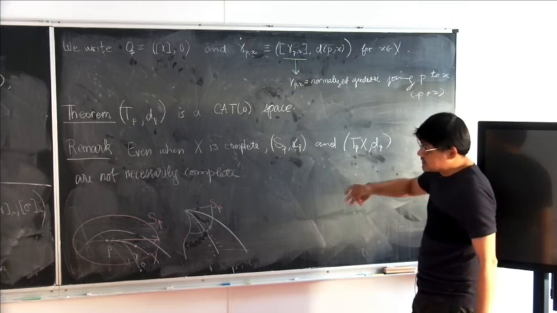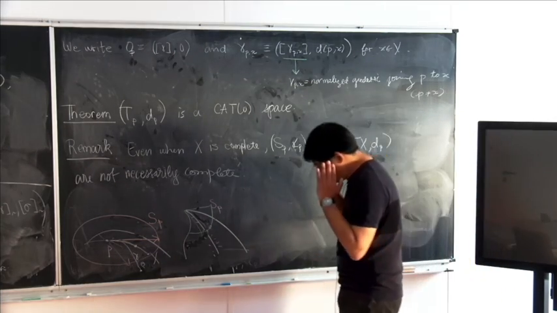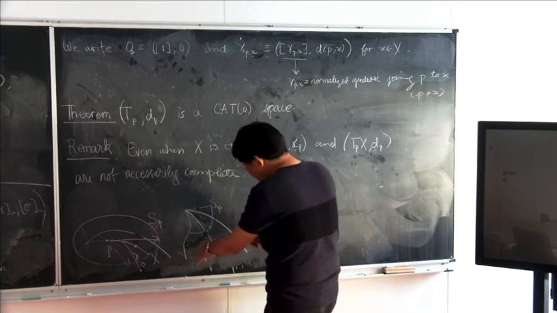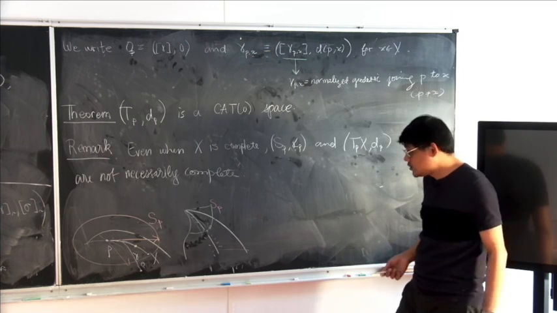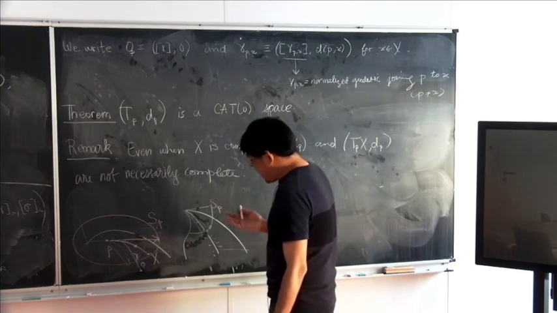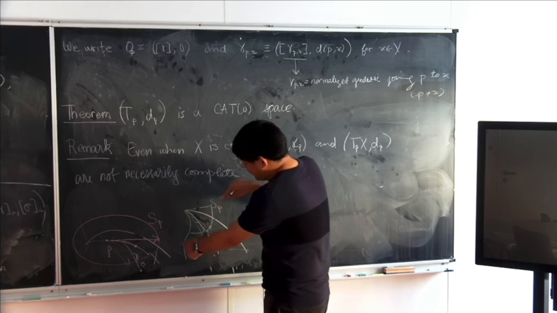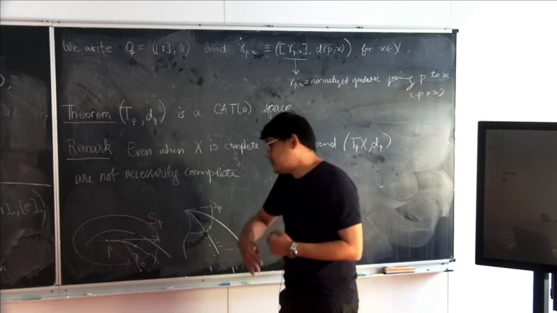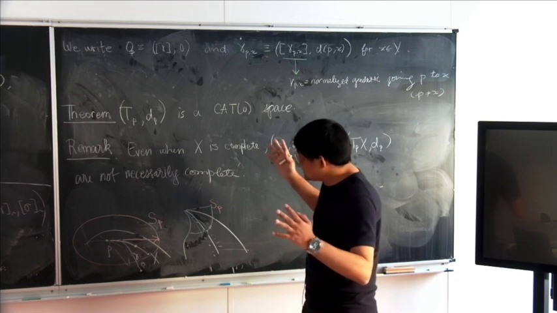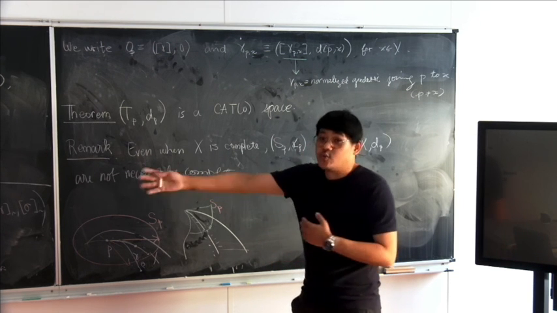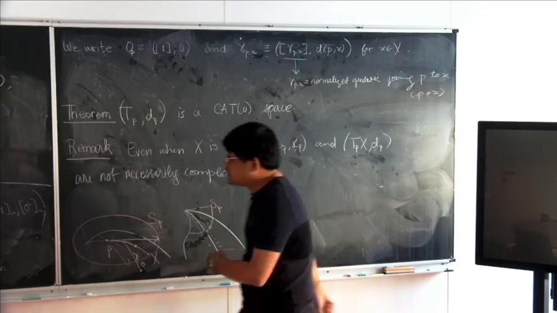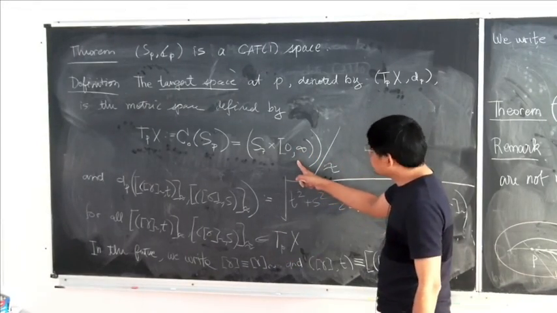Next, we take the Euclidean cone over SP, and that will result in a tangent space, or someone will call it a tangent cone. What do you do? Actually, this is just the direction without telling how far to go. The idea is very simple. You have the direction already. You just add how far you want to go. That is the meaning of the second component in the product.